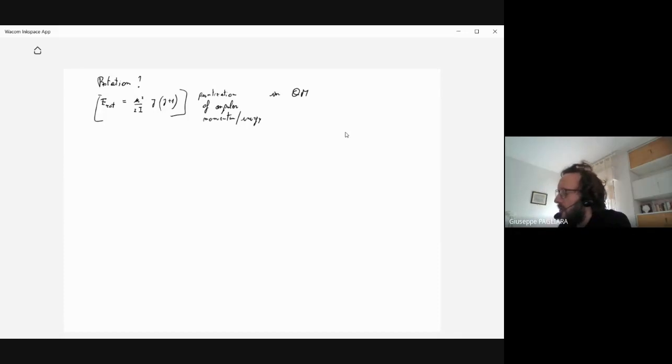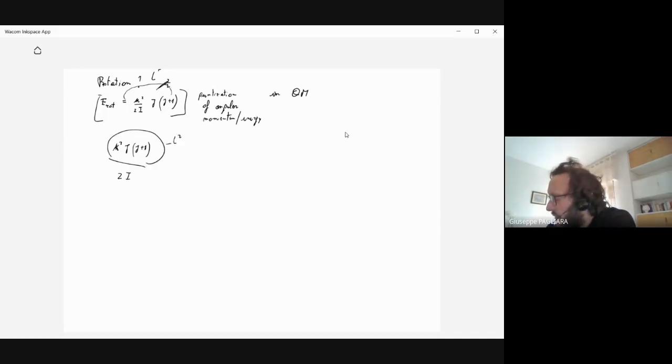So the classical case would be L squared divided by 2I, and this will be the classical energy associated with the rotation, okay? Just to check that the dimensions are correct.